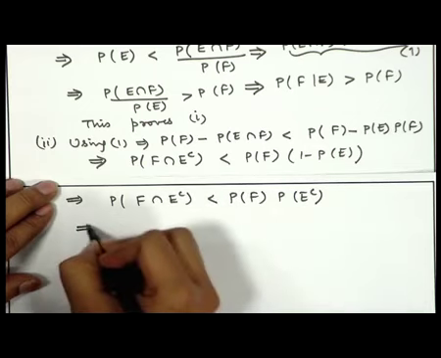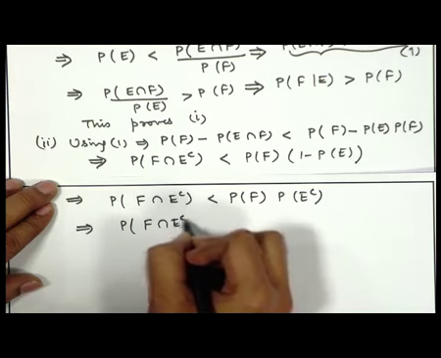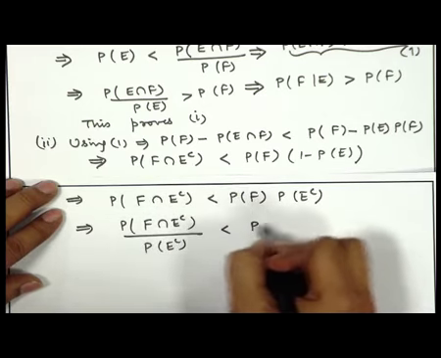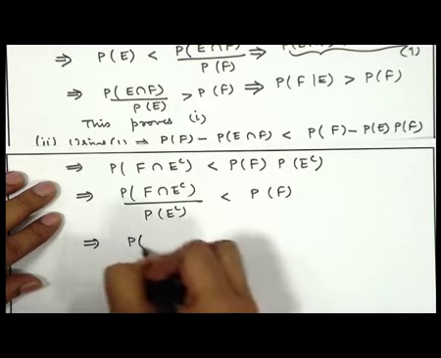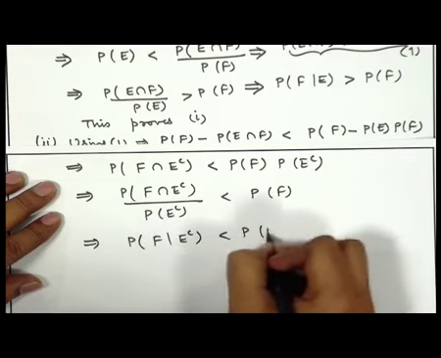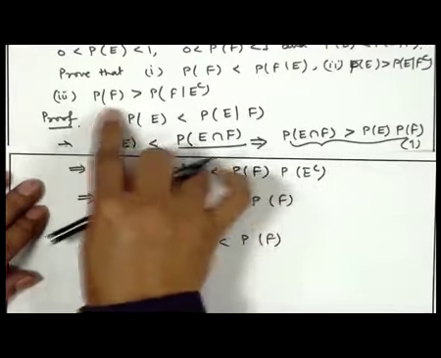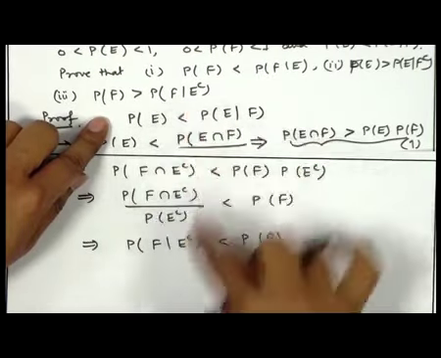So, if you write this, it becomes probability of F intersection E complement divided by probability of E complement less than probability of F. So, this statement is equivalent to probability of F given E complement is less than probability of F. So, this is the statement number 3, probability of F is greater than probability of F given E complement.